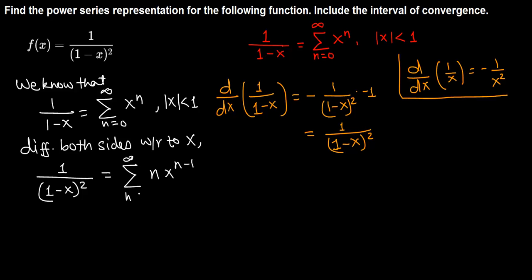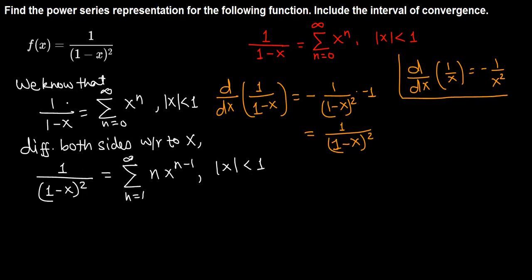But n equals 0 makes the very first term 0, so we can start from 1. We can still start from 0, but then we get a first term of 0, so that's just a waste. So we just go from n equals 1 through infinity, and the interval of convergence is still the same, absolute value of x less than 1.